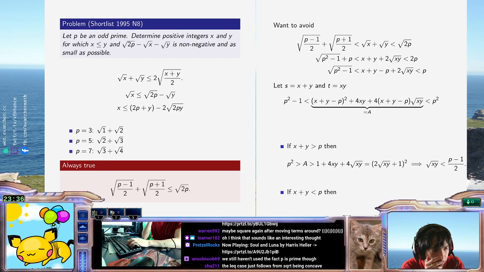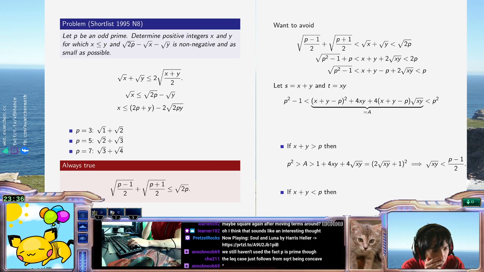The less than or equal to case just follows from square root being concave. Which case? Oh, I see.